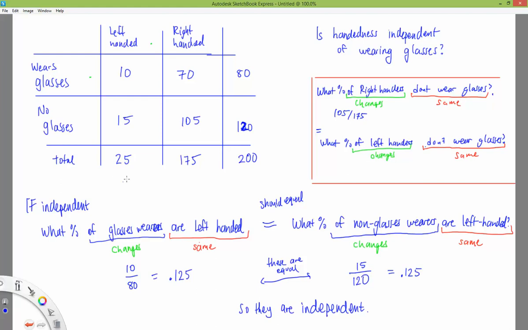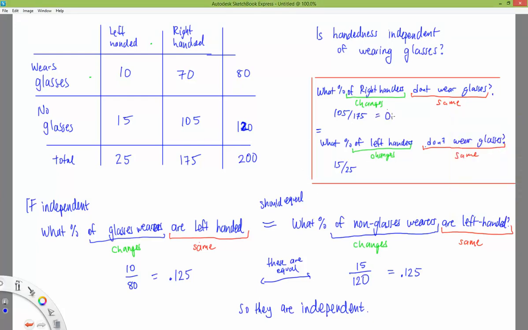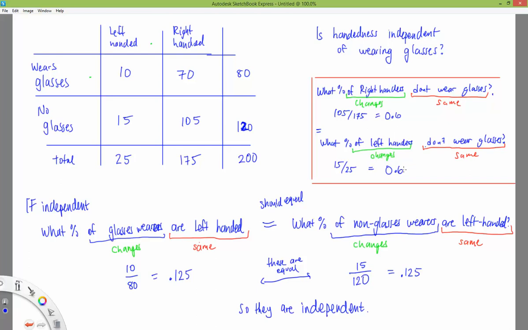So let's check the math here. 105 divided by 175 gives me 0.6. And then 15 divided by 25, also 0.6. So these two are equal, so they are independent.